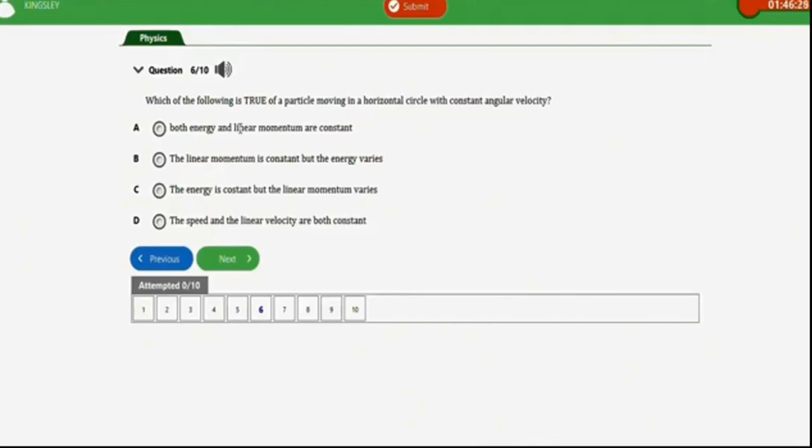Option D, the speed and the linear velocity are both constants. For this particular question, the correct option is option C, which is the energy is constant but the linear momentum varies. So take note of this particular question as well. I've often seen it repeated. So let's go over to the next repeated question.